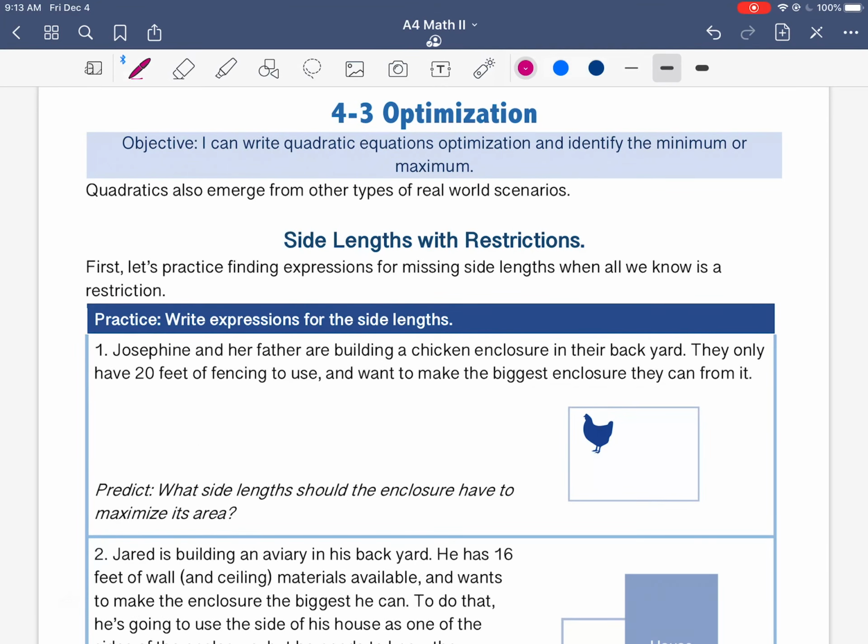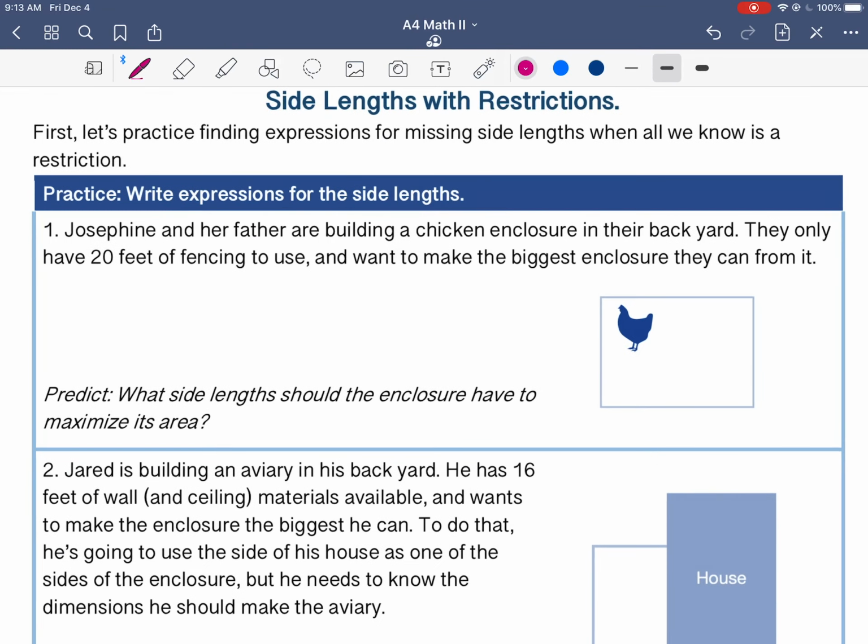And we're going to talk about first how we write expressions for the side lengths with only the information about restrictions, right? So this will make more sense when we actually read this problem.